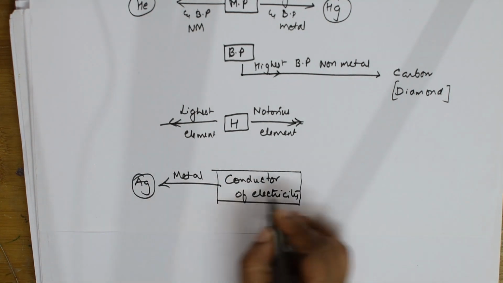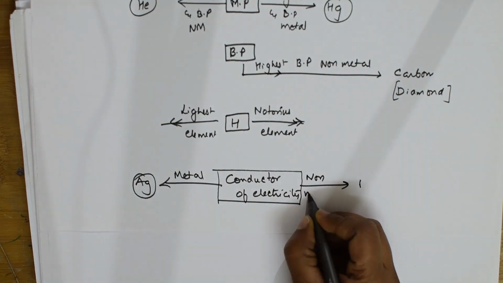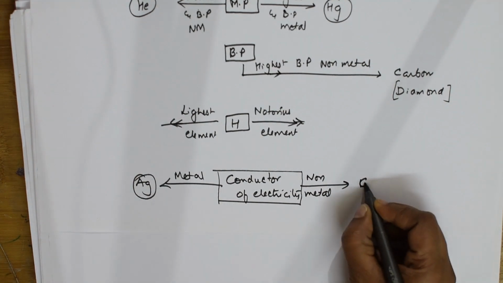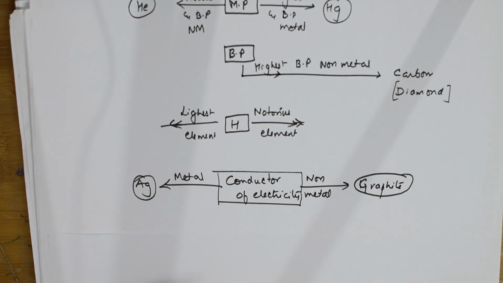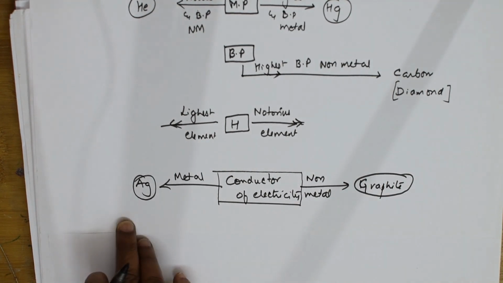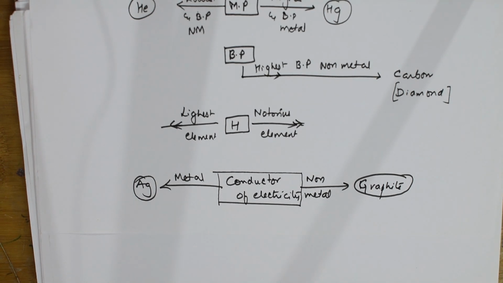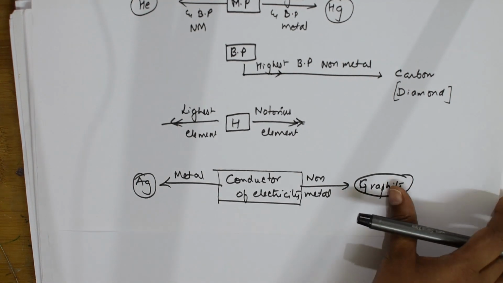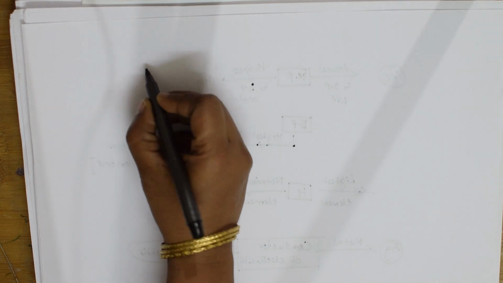The non-metal which is a conductor of electricity is graphite. Hope this is clear, students. Let me take one more very important related to this: the poorest conductor of electricity. I should take that also.